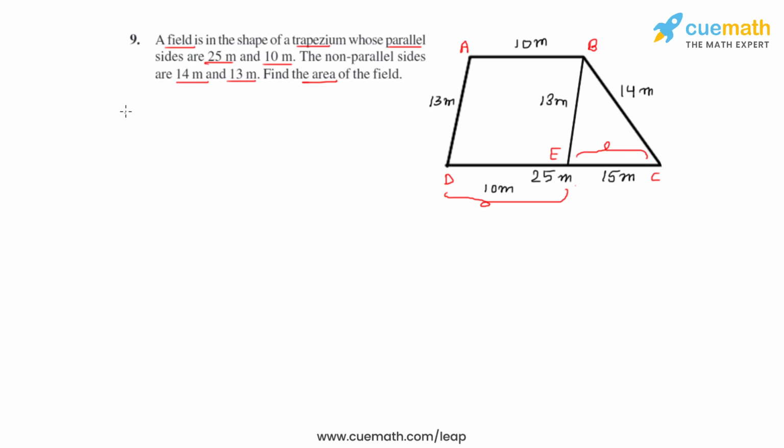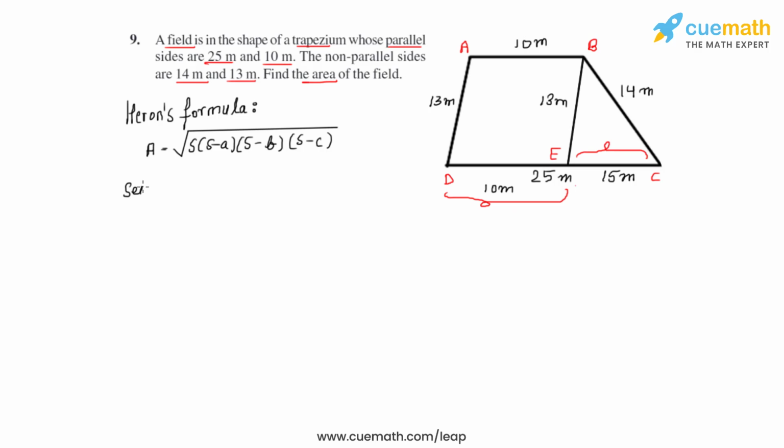Now, as we see that we have found all the side lengths for triangle BEC, we start finding its area by making use of Heron's formula, as the height for this triangle is not given. So the area A equals the square root of S times (S minus a) times (S minus b) times (S minus c), where S is the semi-perimeter for triangle BEC, while a, b, c are its three side lengths.